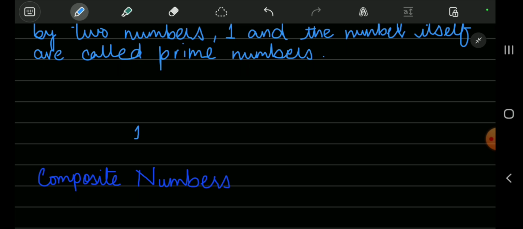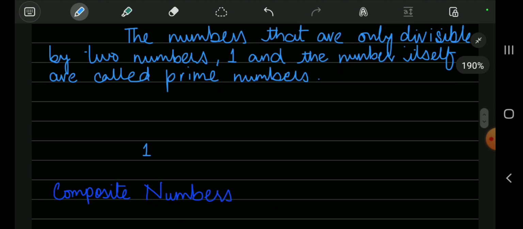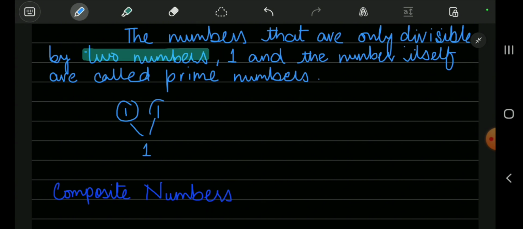Okay, what do you think about 1? Is 1 a prime number? They say it should be divisible by 2 numbers, 1 and the number itself. But in the case of 1, 1 is 1 itself and the number itself is also 1. So it doesn't have 2 numbers with which it can be divided. So it is not a prime number.